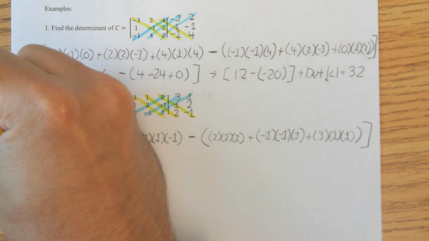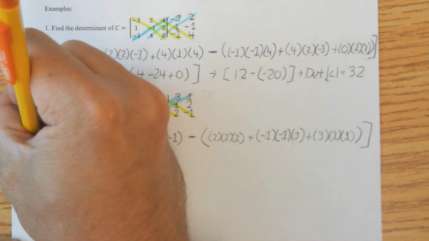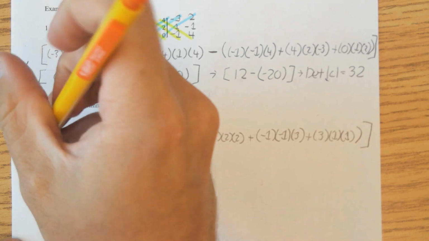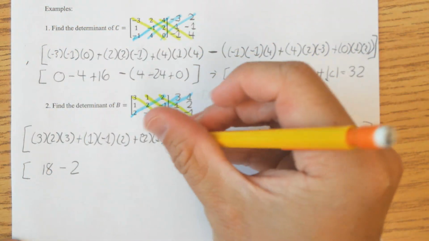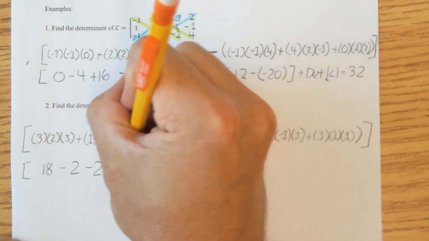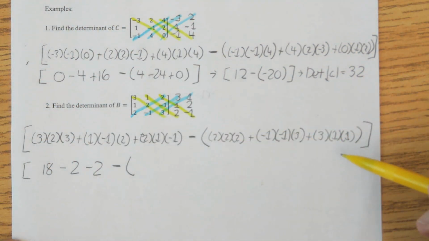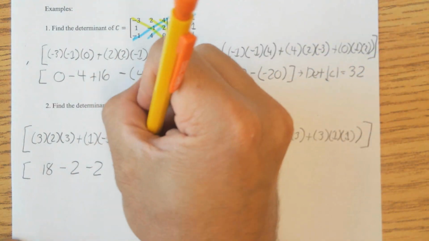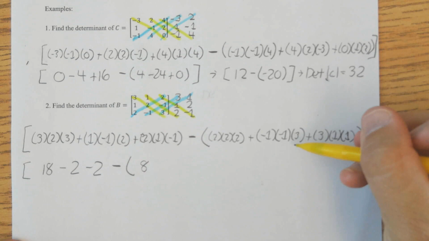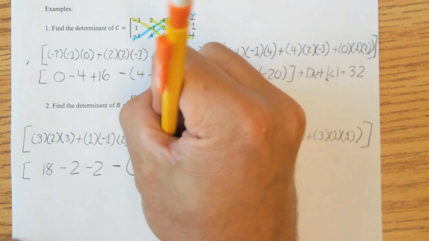So that's going to give me this. I'm going to get 3 times 3 times 2, that's 9 times 2, that's 18. 1 times 2 is 2. 2 times the negative 1, that's a negative 2. 2 times 1 is 2 times the negative 1, that's a negative 2. Minus, parentheses from this side here, 2 times 2 times 2, that's 4 times 2, which is 8. Negative 1 times negative 1 times 3, that's going to be 1 times 3, which is 3.